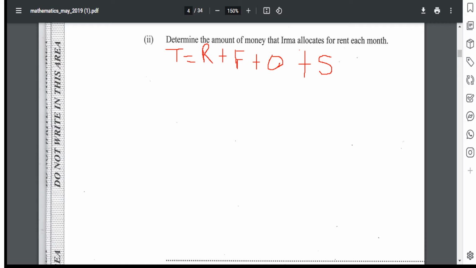Let us put in the figures now, so that rent would have been X or X dollars, food would have been $629, other living expenses would have been 2X.